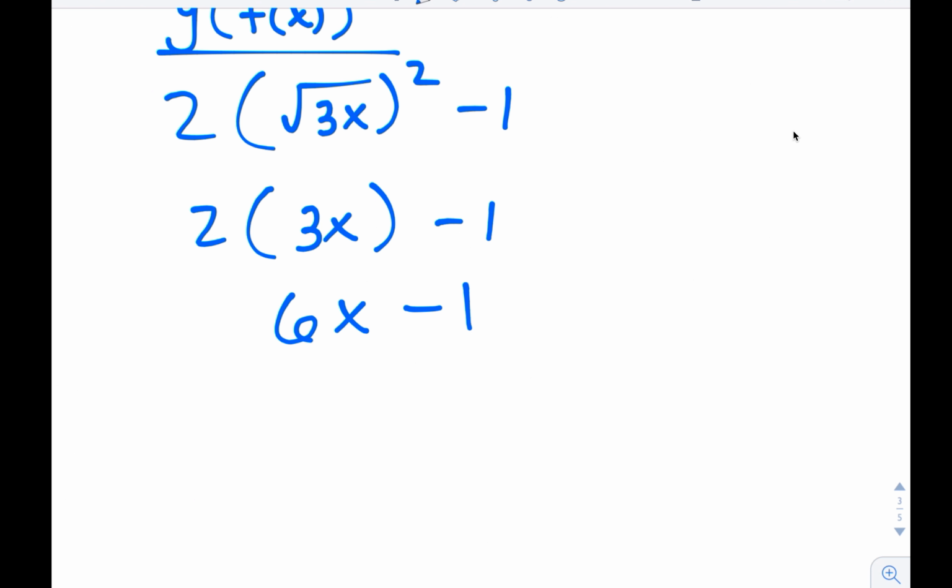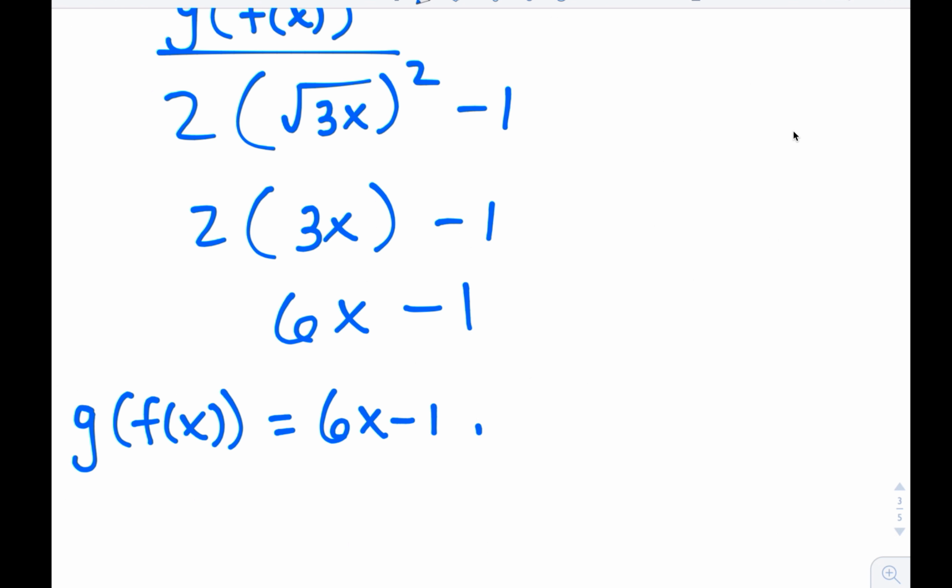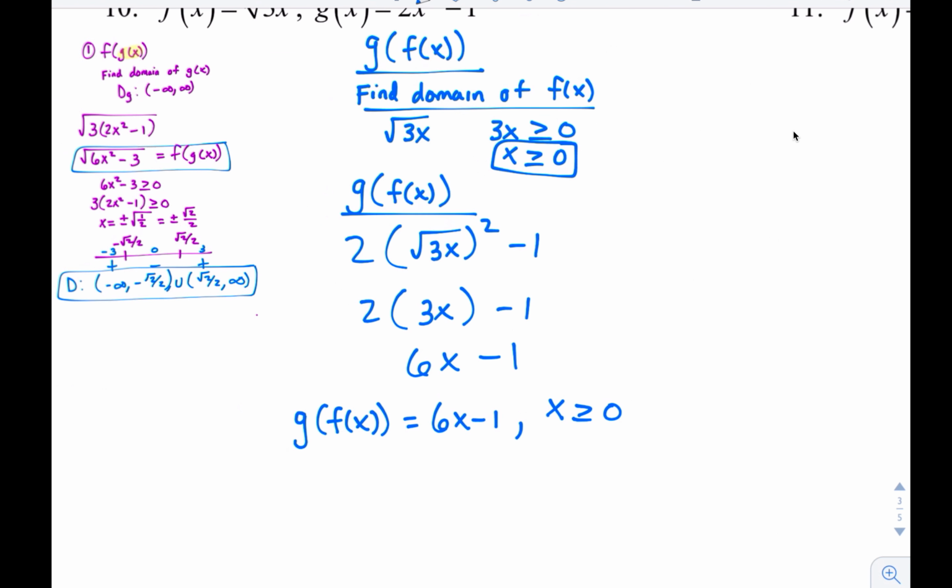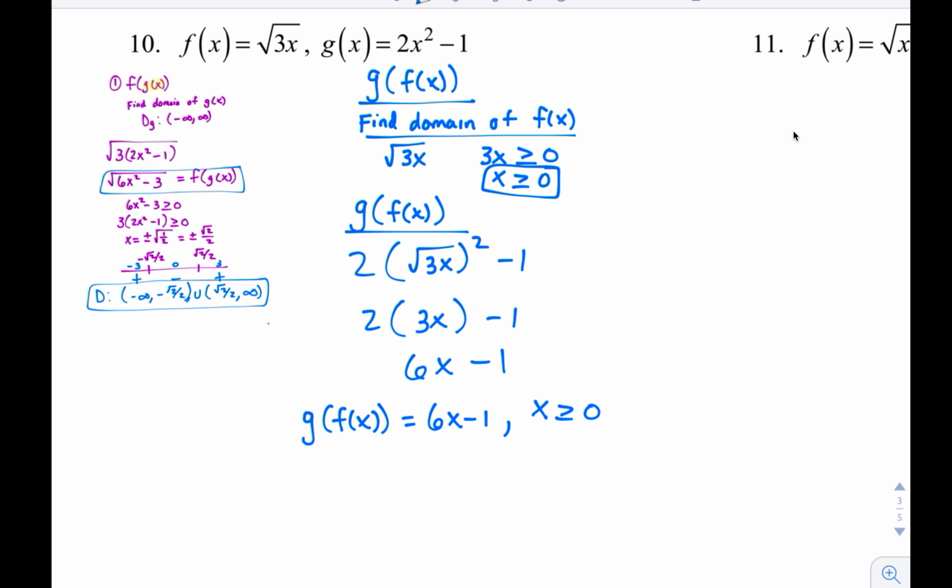Okay, so my final answer, g of f of x, is going to be 6x minus 1, x has to be greater than or equal to 0. Okay, so again, if you plug in anything less than 0, you're not going to be able to get an answer for f of x, and then you're not going to be able to get an answer for g of f of x. So if the inside doesn't work, the whole thing's not going to work. So that there would be your final answer.